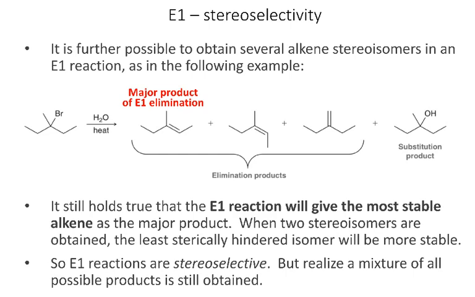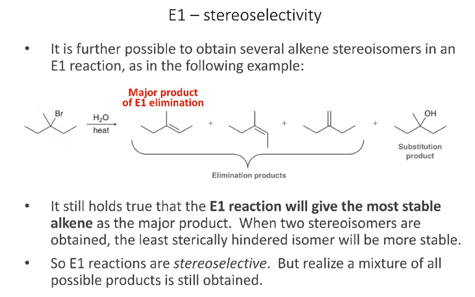All right, now also like E2 reactions, E1 reactions can be stereoselective. If we can produce both the E and Z isomers, we will, but generally one of them will be a major product and the other one will be a minor product. So if we consider this substrate, we have two different beta carbons. We've got the methyl group, and then these two CH2 groups are equivalent.